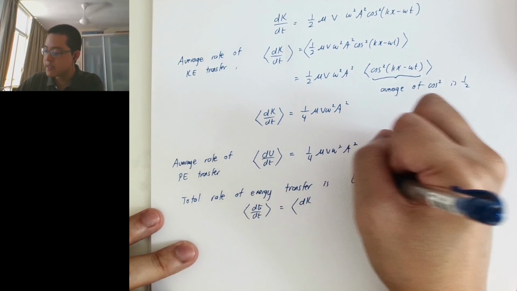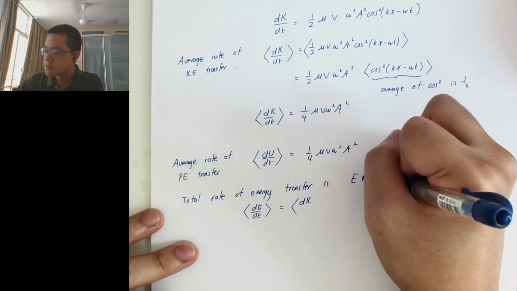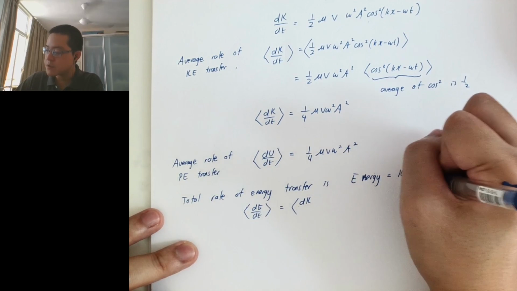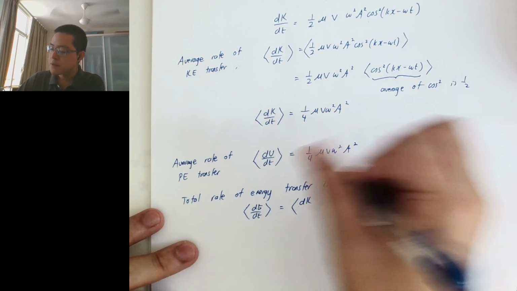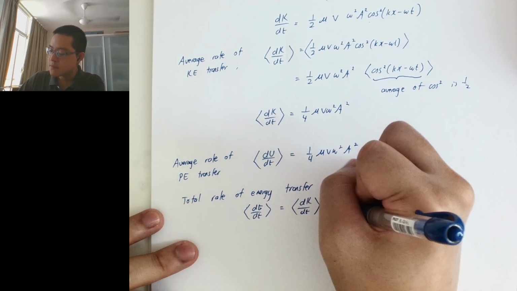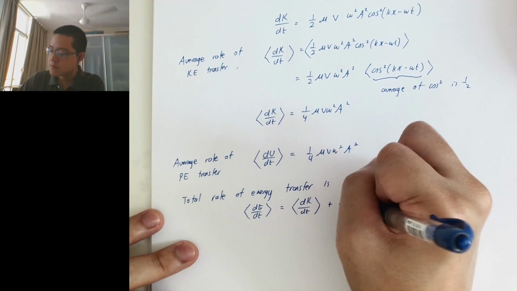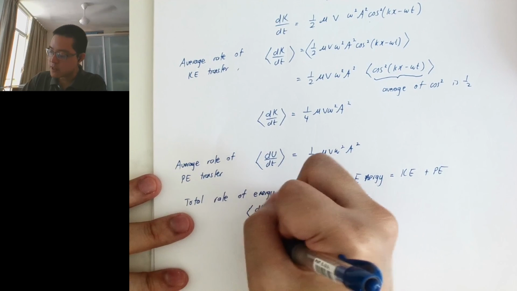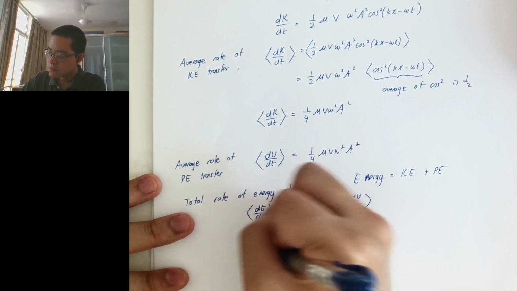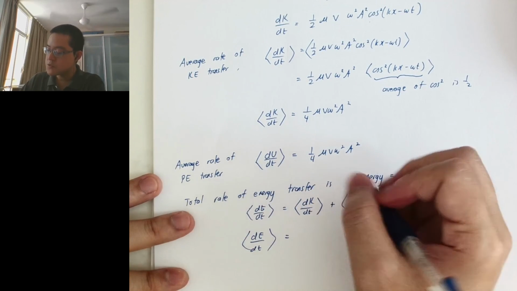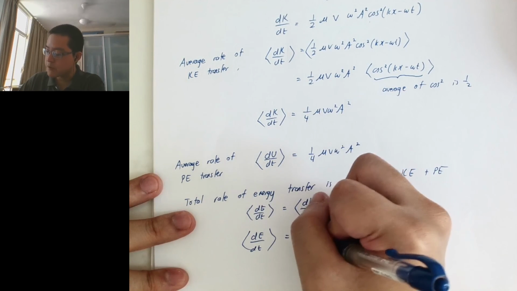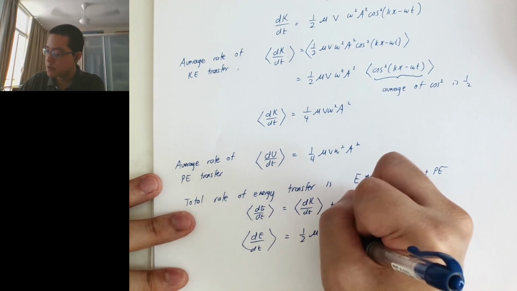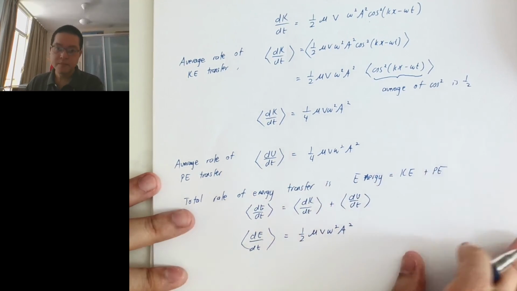So E, the total energy, is KE plus potential. So it's this thing, and these two are the same. So the total rate of energy transfer is equal to this plus this. So it will give you half mu v omega squared A squared, right?